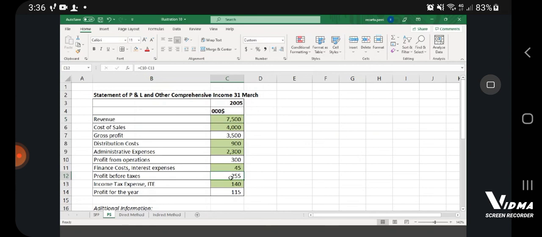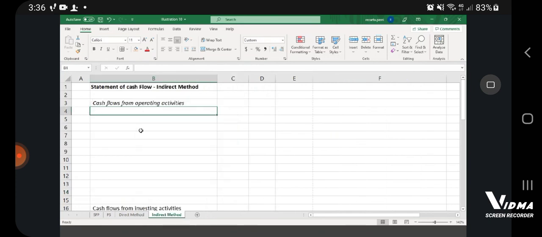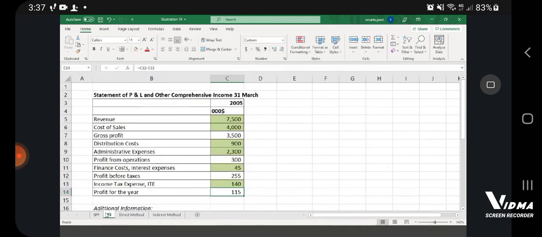It can be profit for the year, but IAS 7 specifically requires that we start with profit before taxes. Okay? And to the profit before taxes, we can make several adjustments. The first adjustment is for the non-monetary expenses, and the other adjustment is for the changes in working capital items.